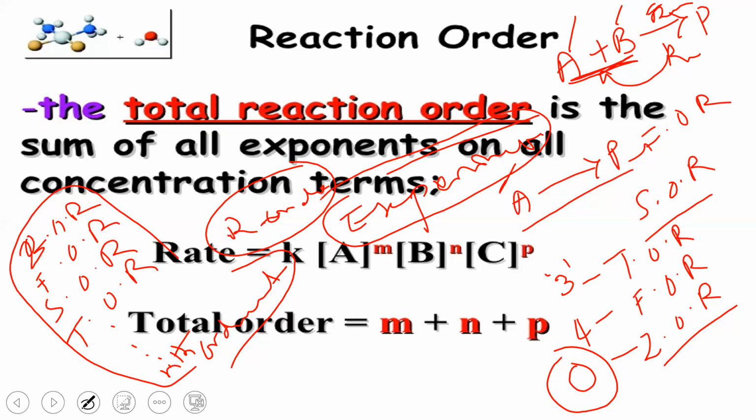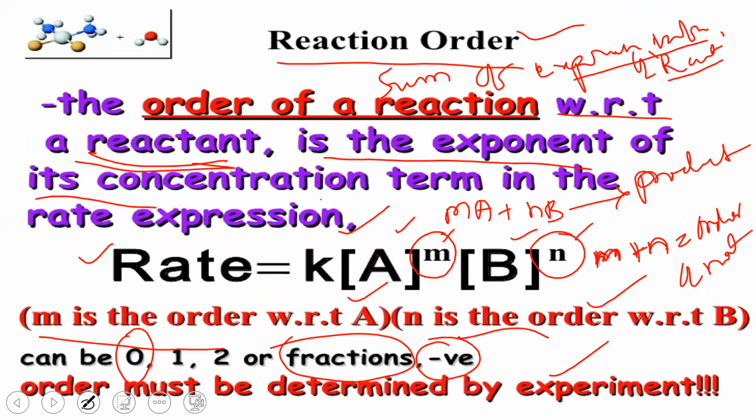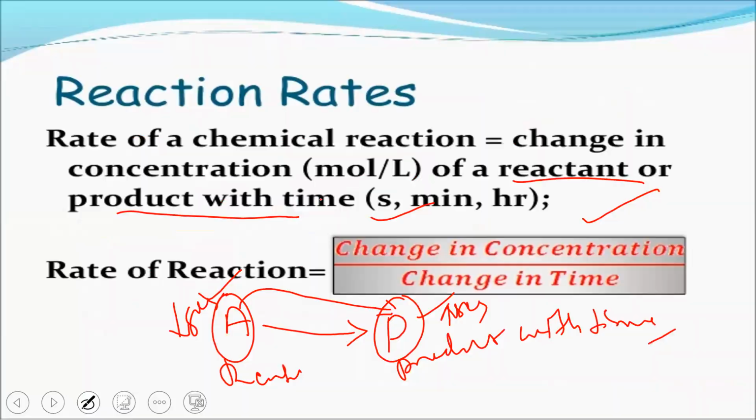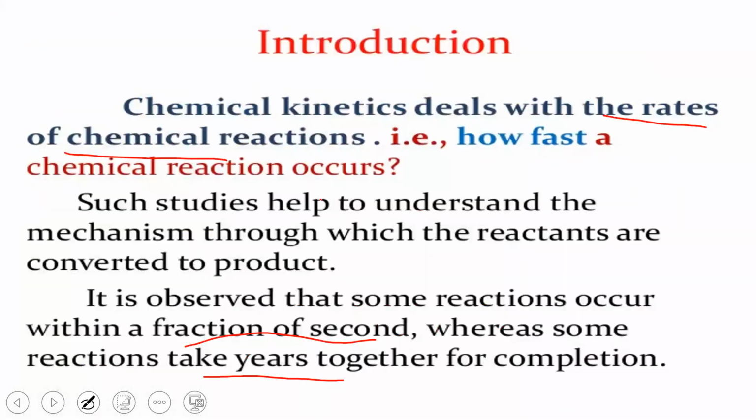So once again, recollecting all the data. Chemical kinetics deals with the rate of chemical reactions, that means how fast the chemical reactions occur, the speed of the reactions.